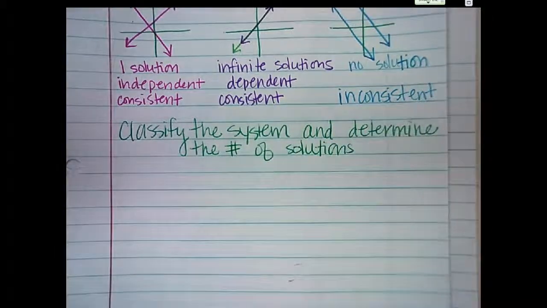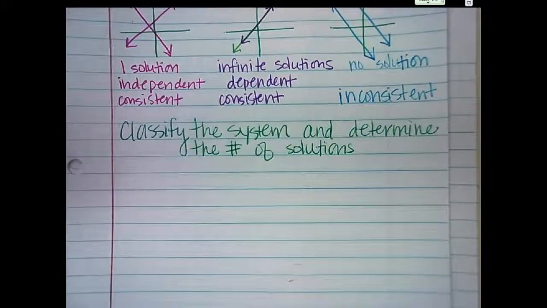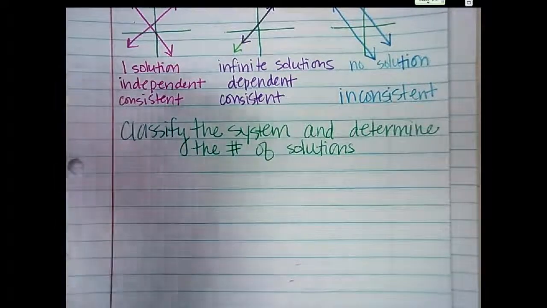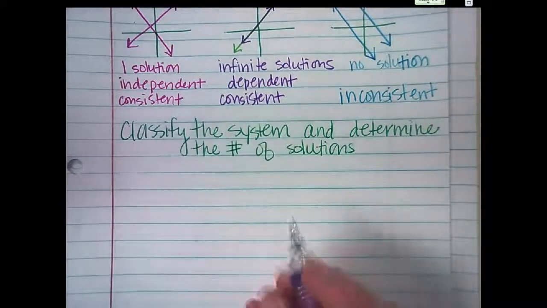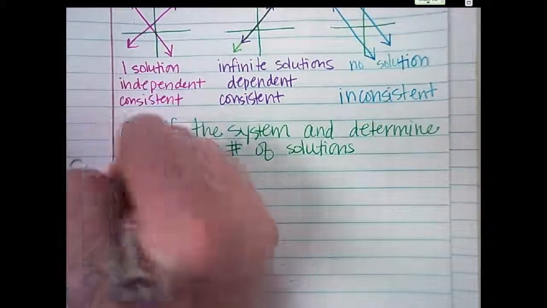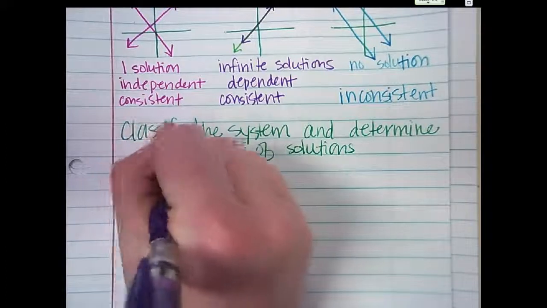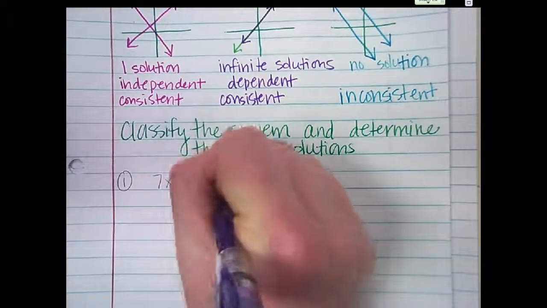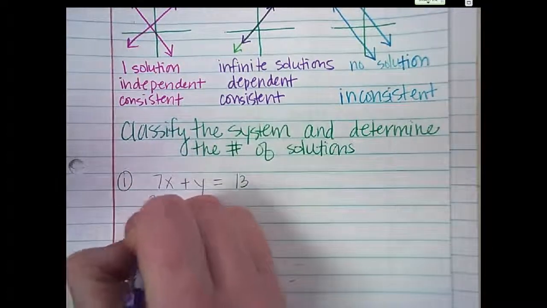And it all goes together. If you classify it as independent and consistent, then it's one solution. So they just want to know which set is it. So number 1, I'm going to give you the system first.